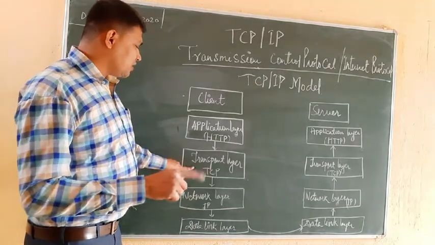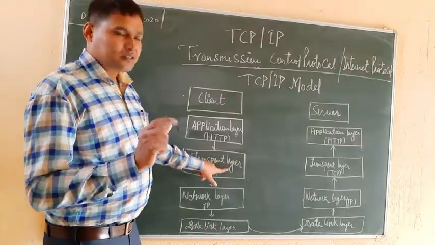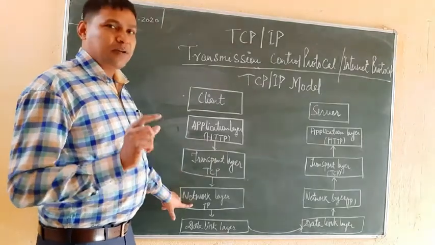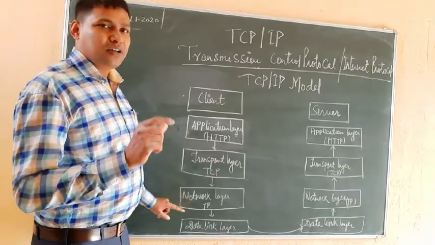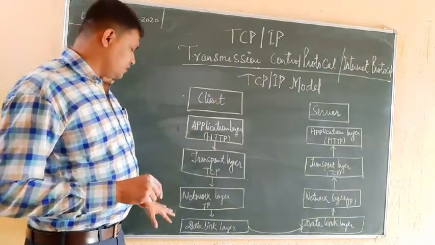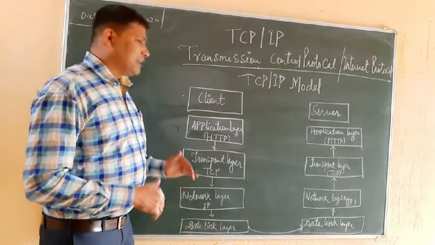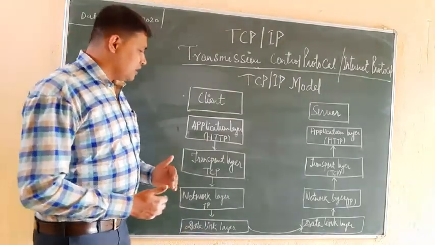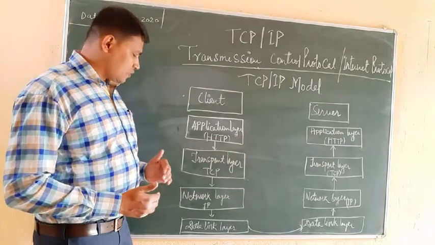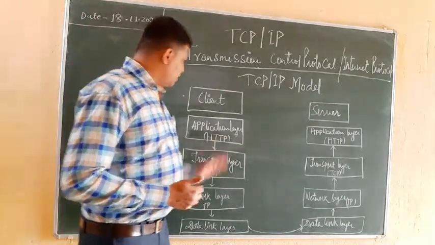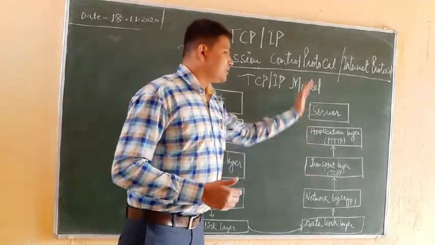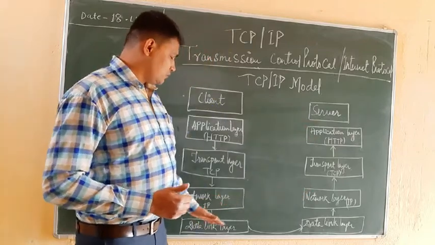The transport layer will assign the new packets, and the network layer assigns the IP address, the source and destination address. Then the data link layer will create a session between the client and the server.